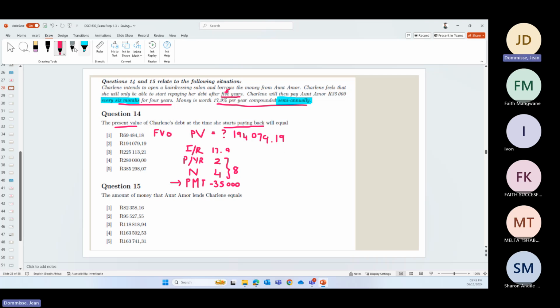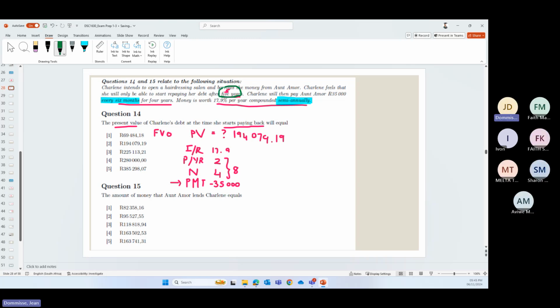Just be careful with this question because we're also talking here about the 5 years, but we are only focusing on this component of the question for question 14. So we're only looking at what the present value is at the time she starts paying back the debt.